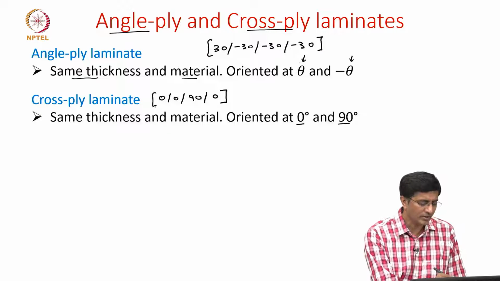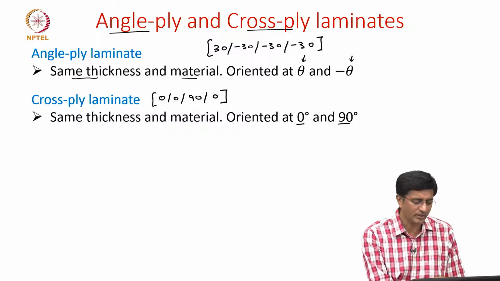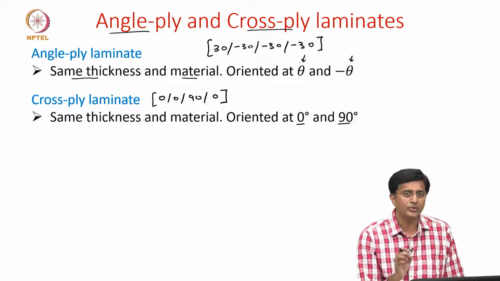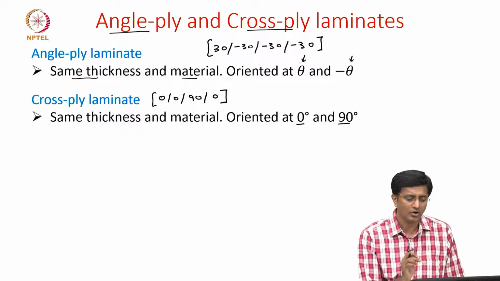This is a crossply laminate because it only has two angles, 0 and 90. And if we recall the previous discussion, will we be using Q or Q dash for a crossply laminate? We will be using Q because the angle is either 0 or 90. But what is the specialty of using Q?